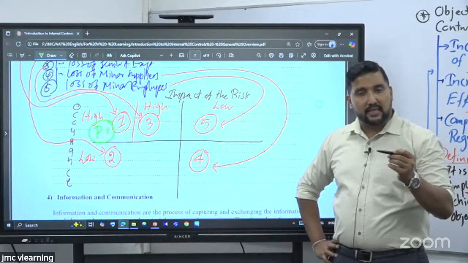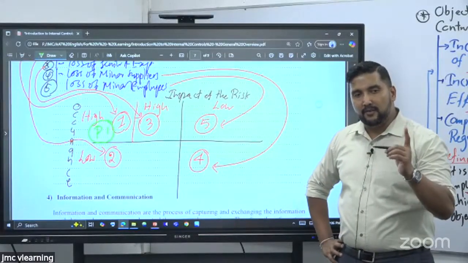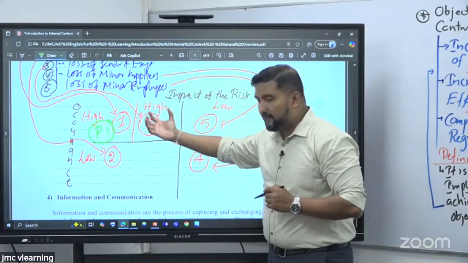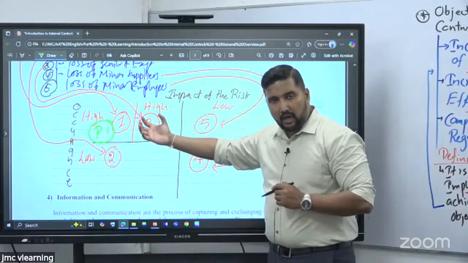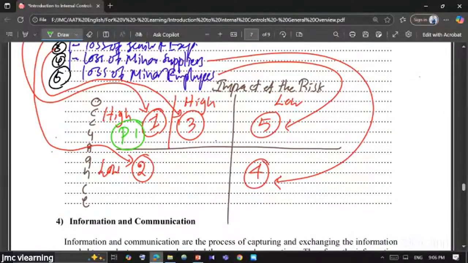That is the risk which I need to give first priority. Out of the 5 risks which I identified here, I will be putting P1 there, giving first priority to those 2 risks.